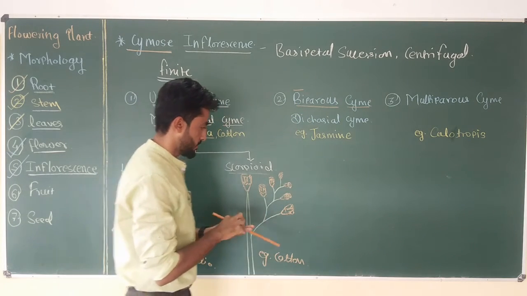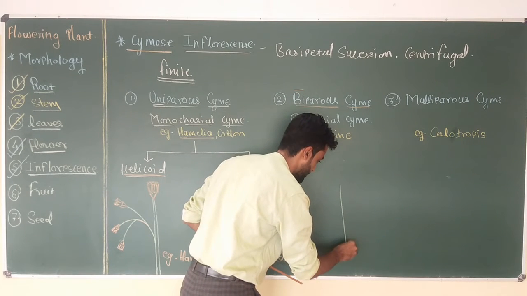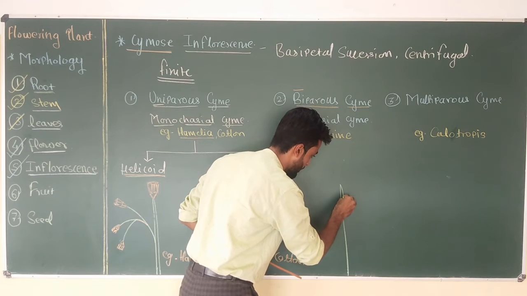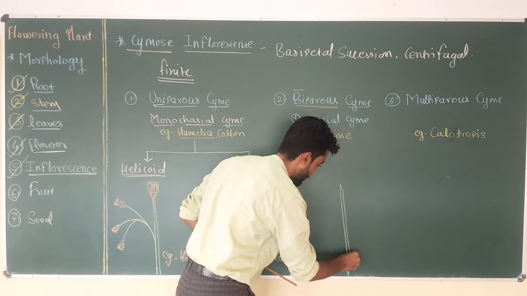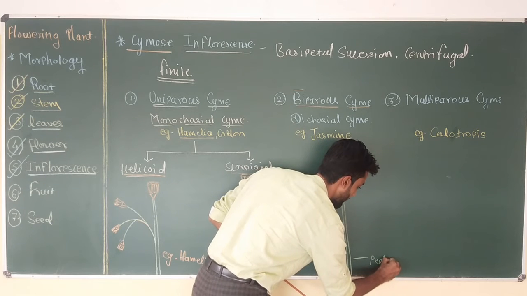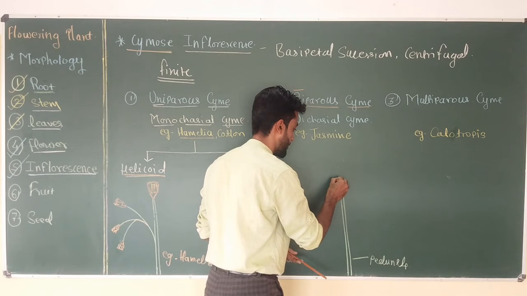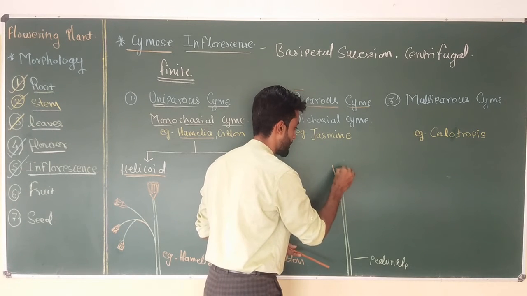And if we draw the dichasial type of inflorescence, if this is the primary axis or main reproductive branch, that is peduncle, now the peduncle will terminate with flower at the tip.